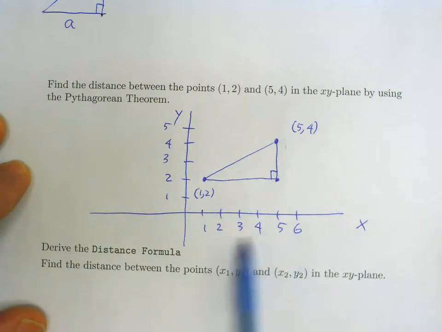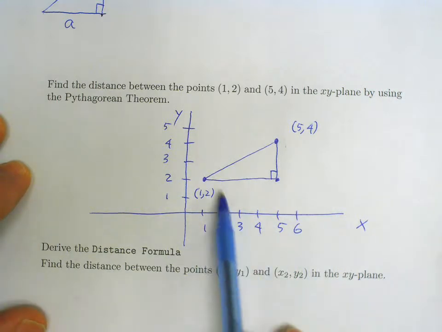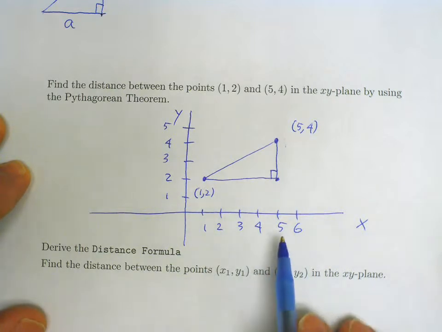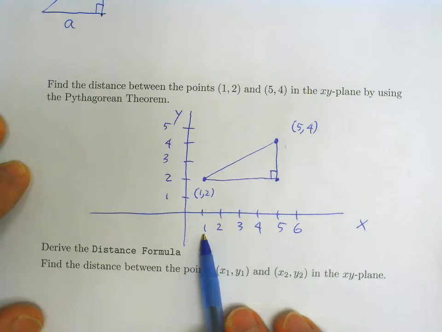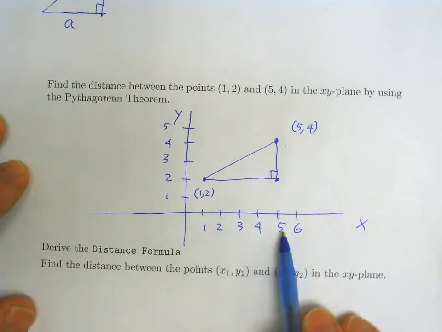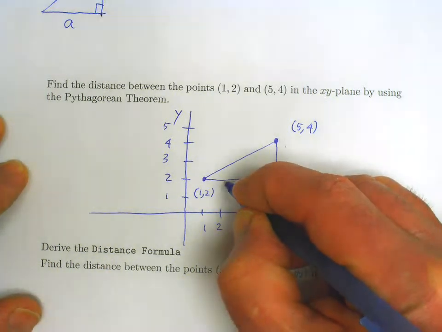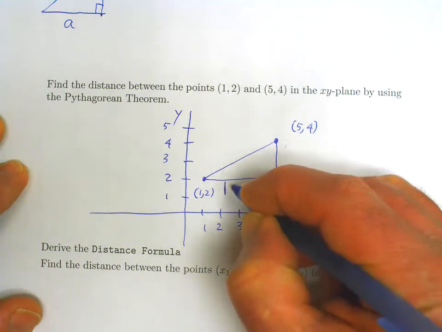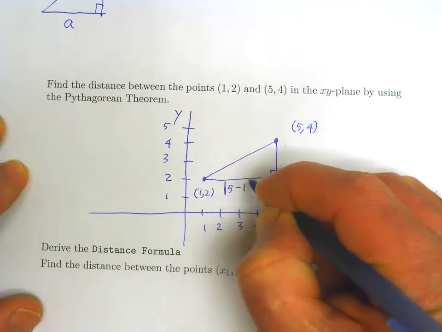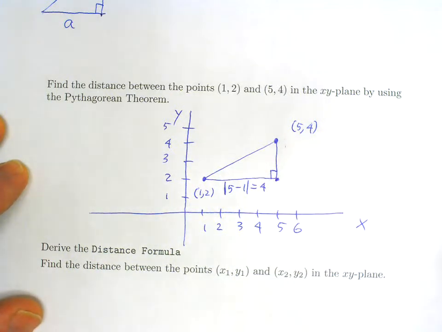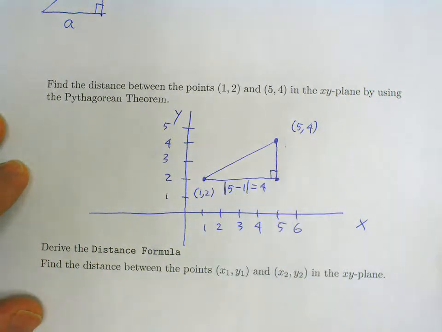But I want to point out that we can find the length of this horizontal side by subtracting one of the x-coordinates from the other x-coordinate. And you can do it in either order if you use the absolute value symbols. I'll just write the absolute value of 5 minus 1, and we know that that's equal to 4. So the length of the horizontal side is 4 units.